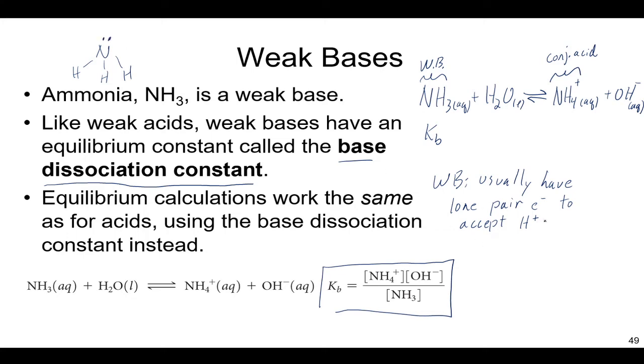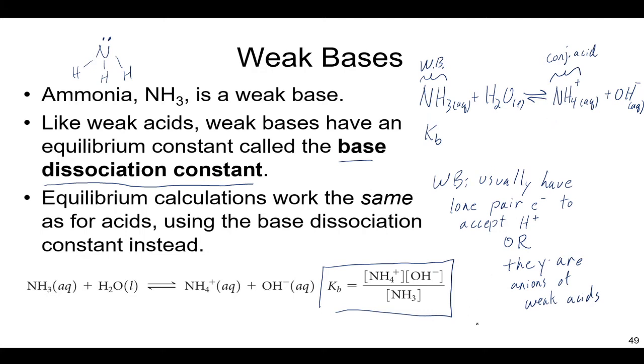Now, weak bases might also be identified as being anions of weak acids. So remember our notion of conjugate acid, conjugate base, these conjugate acid-base pairs.